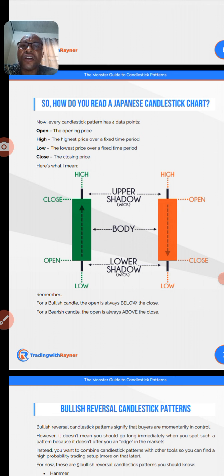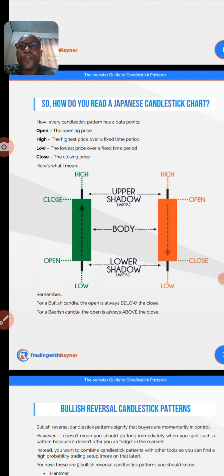Now, looking at the opposite one, the red one. The red one, danger. That is sellers. And where does the candle open? The animal that we use in representing the sellers is the bear, because when a bear wants to fight an animal, it drags it down from up to down.